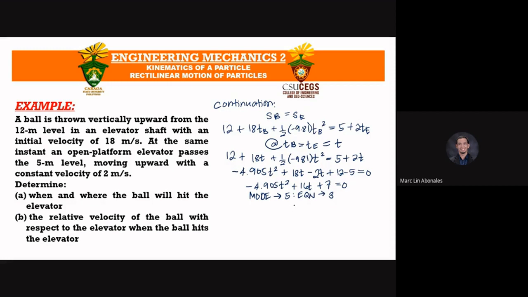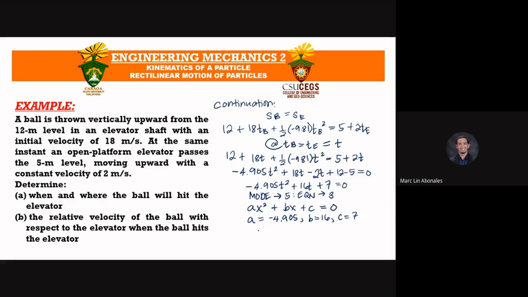So once ma-click nimo ang 3, ma-input nimo ang values sa A, B, and C. So make sure na ang imuhang equation must be in this form. AX squared plus BX plus C is equal to 0. So that is what I did. So ang A nako is negative 4.905, B is 16, and C is 7.